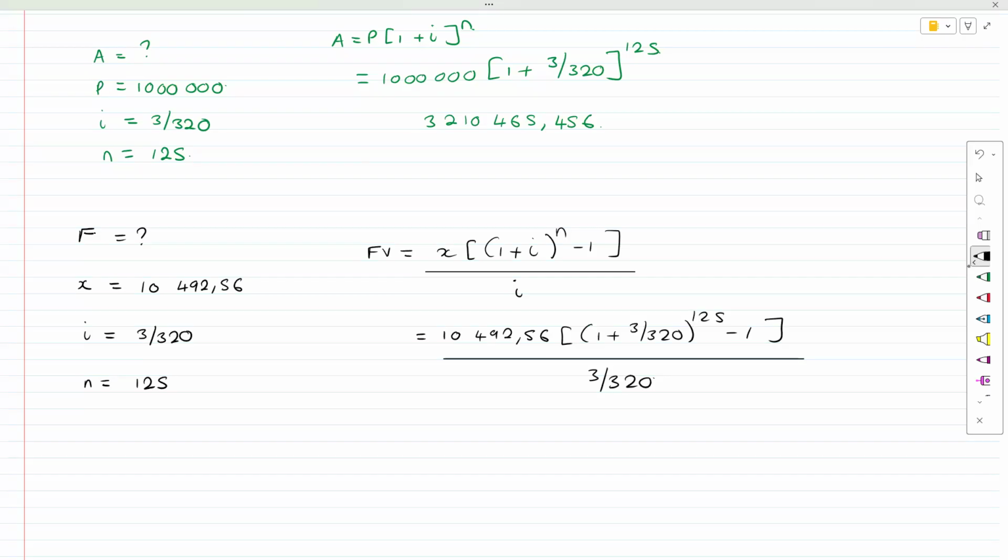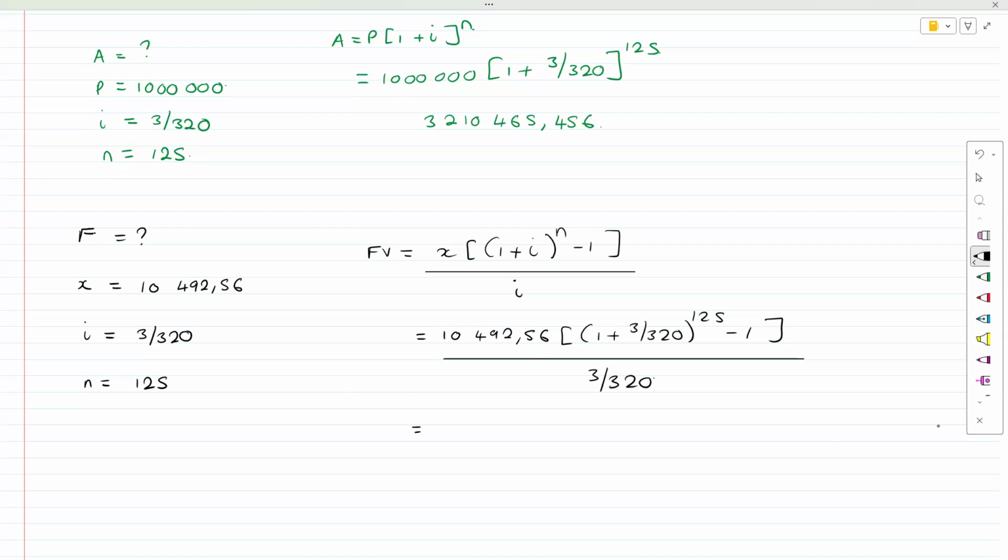That's 10,492.56 into, no, the double brackets. 1 plus 3 over 320 to the power of 125 minus 1, all over 3 over 320.